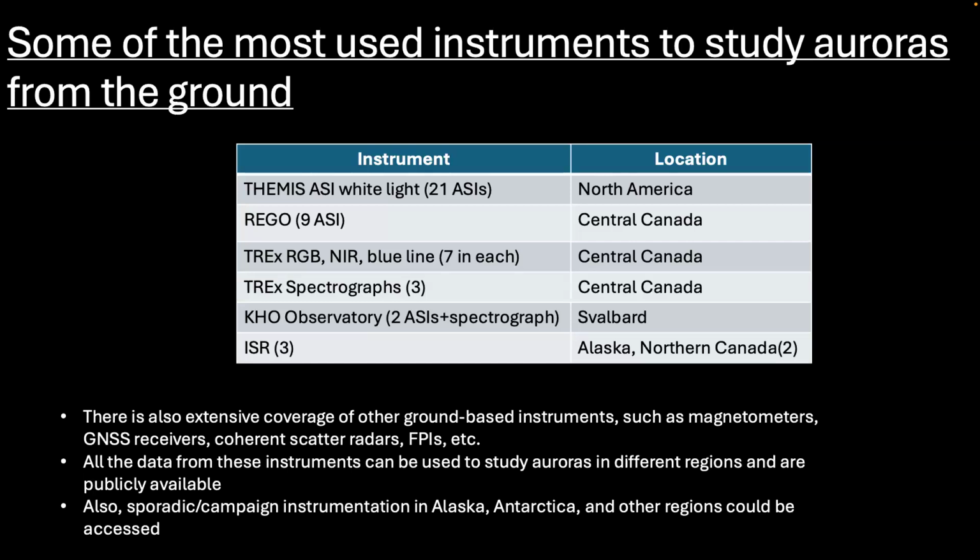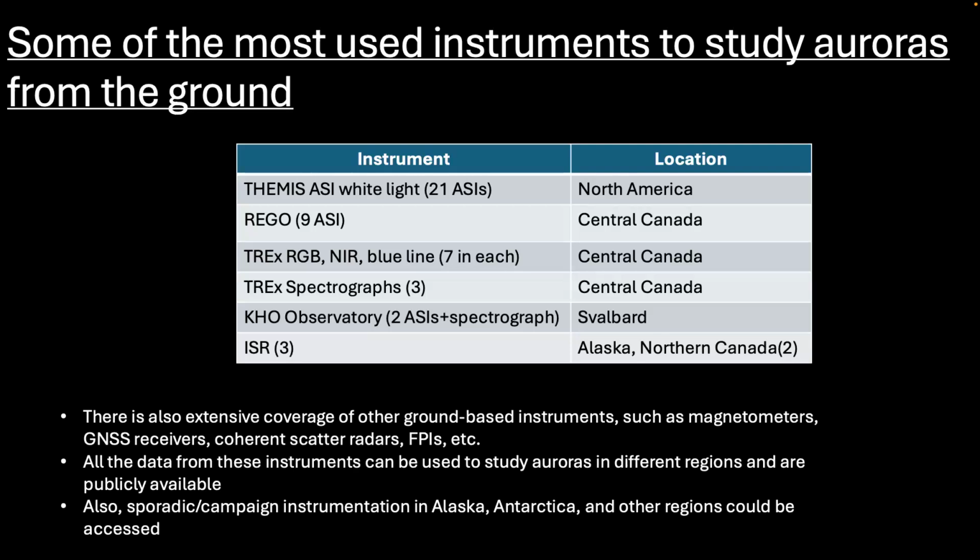We have 2 all-sky imagers in Svalbard. We also have spectrograph data in Svalbard. And then we have, for sure, the 3 incoherent scatter radars, 1 in Alaska and 2 in northern Canada. On top of that, we also have an excellent coverage of ground-based magnetometers, GNSS receivers, coherent scatter radars, and many other instruments. All this data is, of course, publicly available.